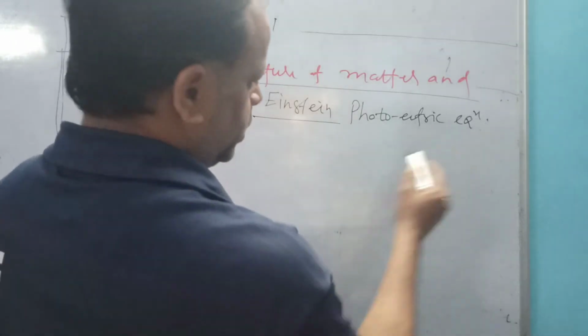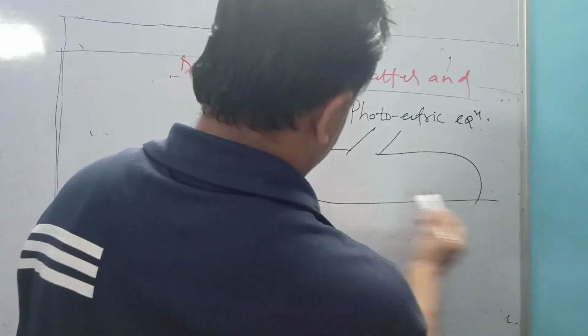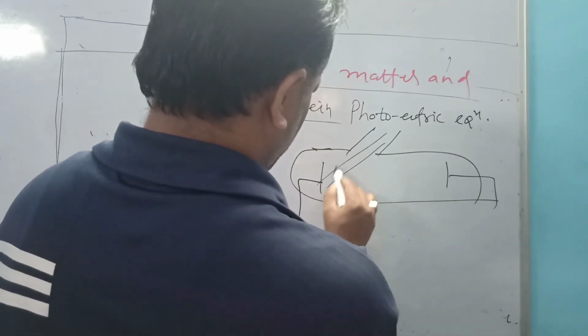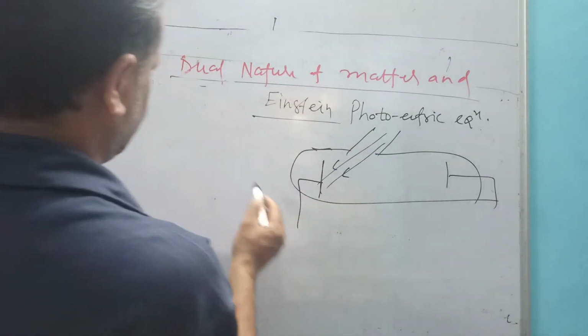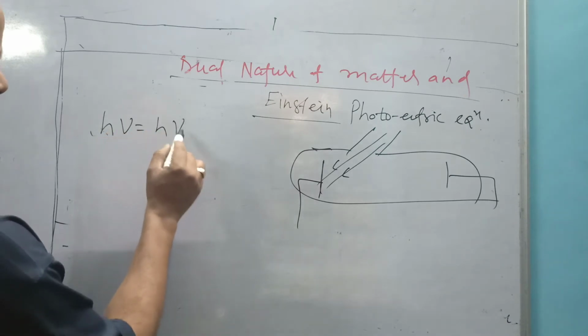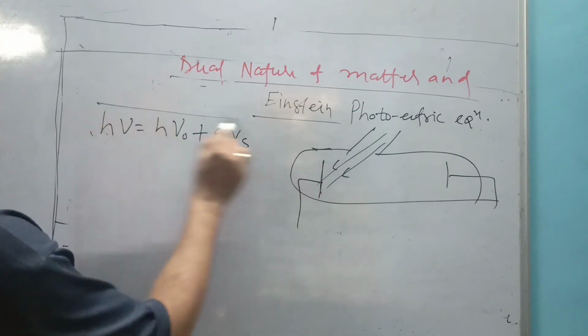See, what he did was that it is basically the same cathode tube experiment, and it was observed that when light falls on the metal surface, his equation was h nu is equal to h nu naught plus eVs.